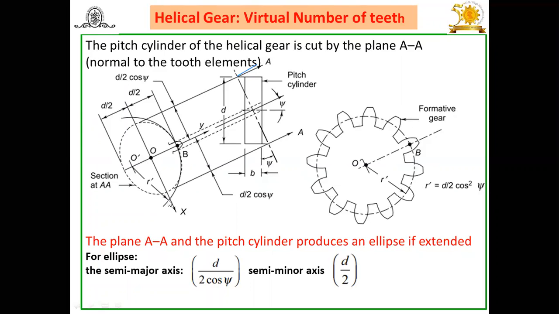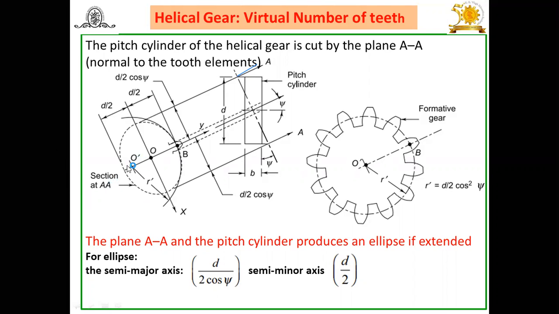If you construct a gear with this radius of curvature, you will get a formative gear.